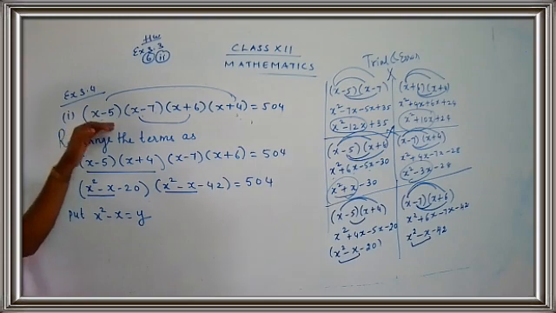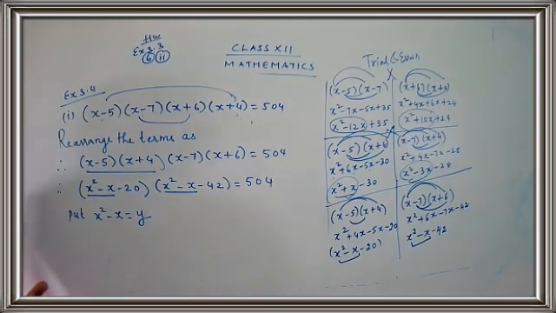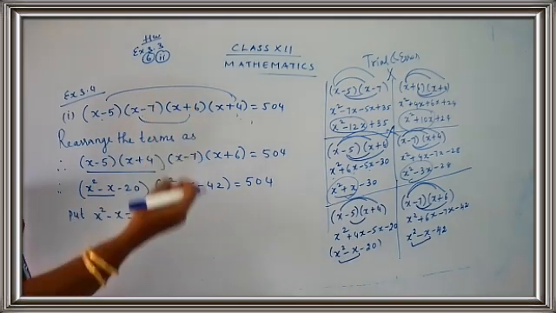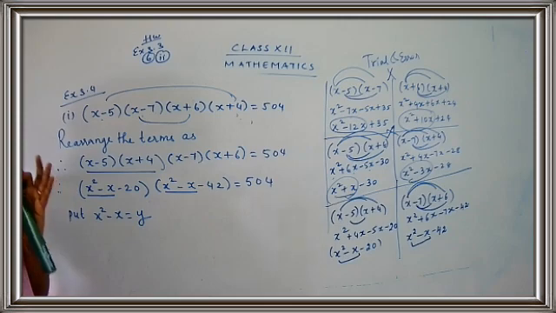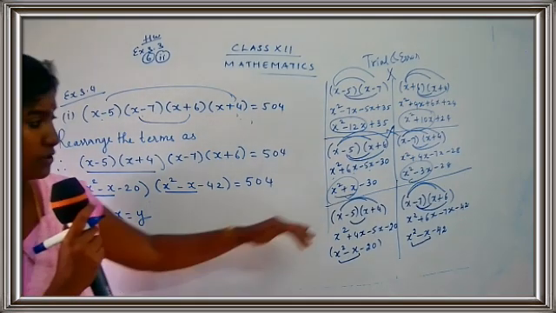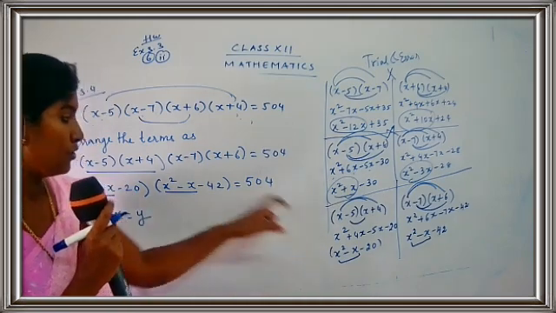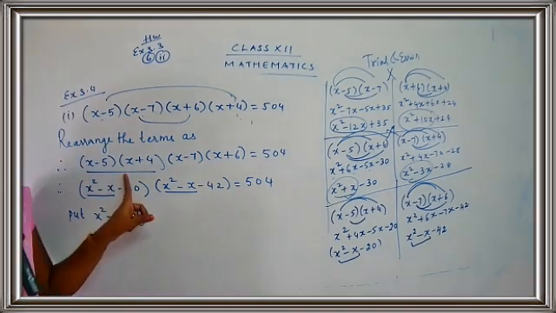The first thing is we have four sets of numbers. We are going to take a proper combination by the trial and error method. So just go on choosing the combinations till you get a common part. When I took this combination, I got a common part, so I have arranged the terms accordingly.